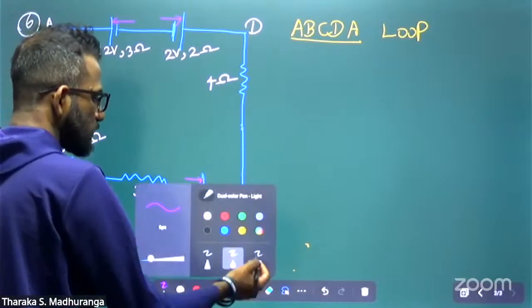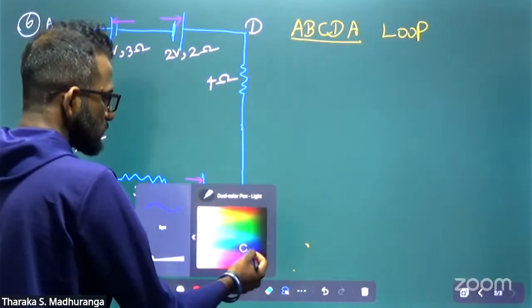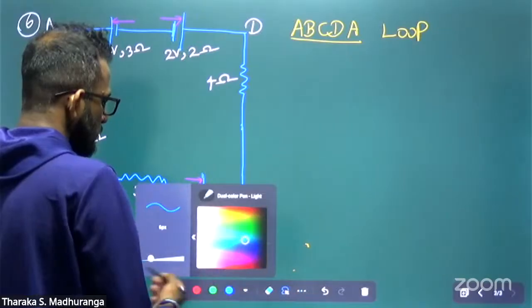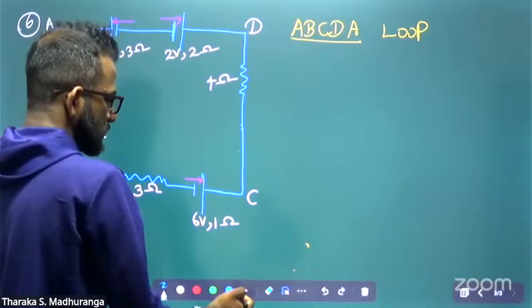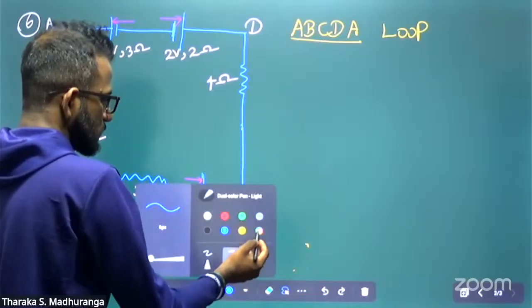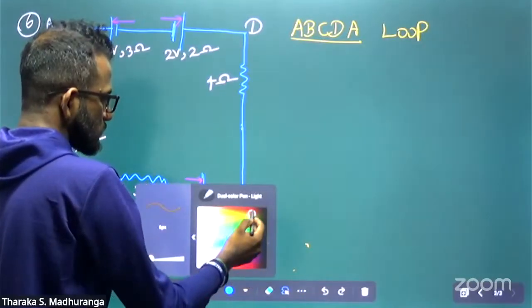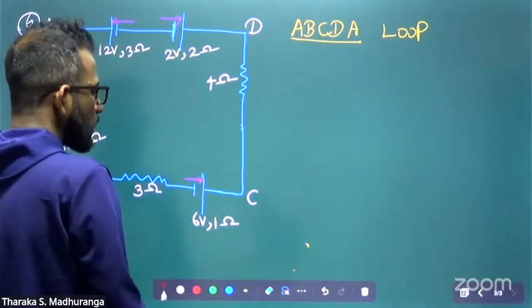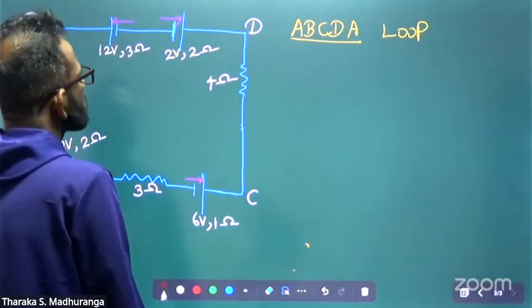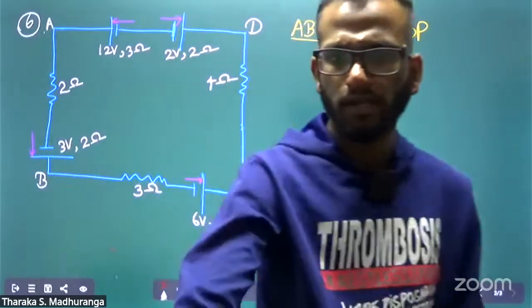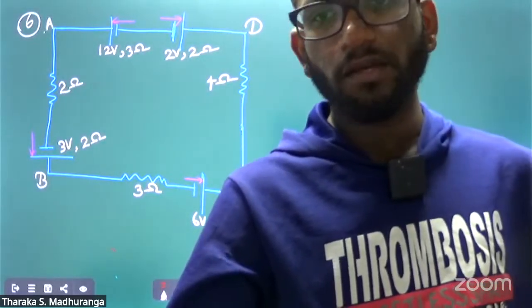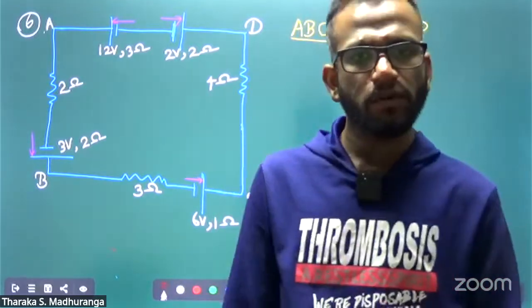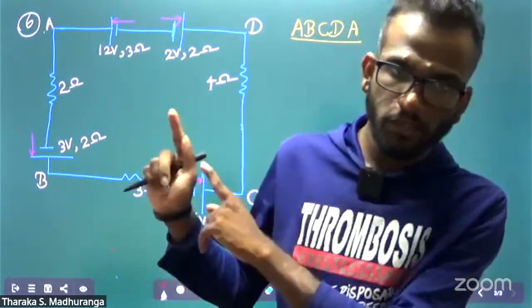What is my next step? Mark the current direction. Any direction you can mark the current, but I think the current starts from the higher voltage battery's positive direction.